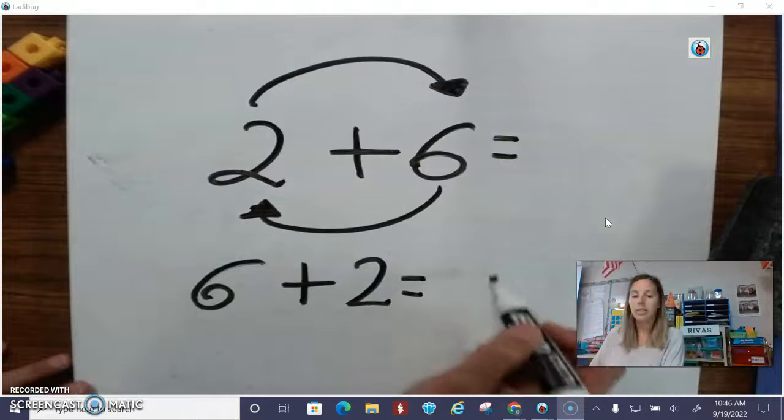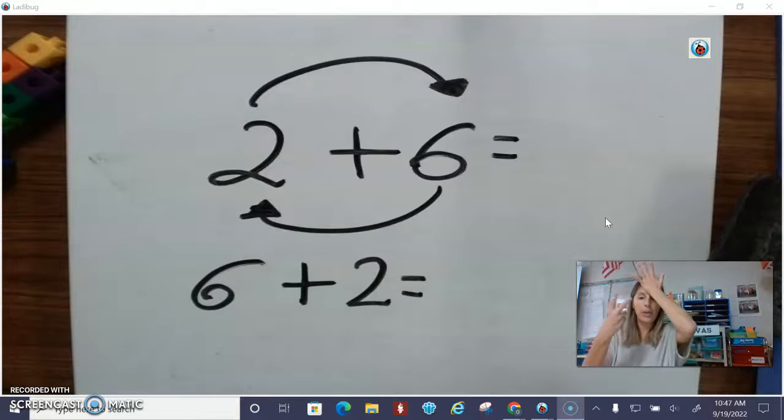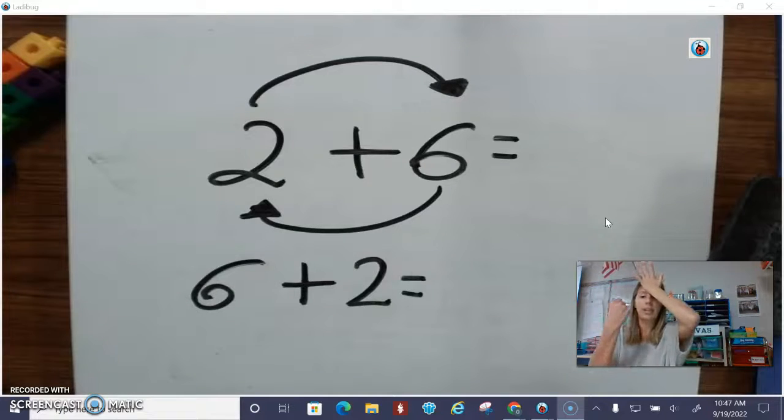So once they understand that concept, they can start to practice how to count on. And counting on, basically what it is, you put the bigger number in your head, and then you count on the smallest number. So you put 6 in your head, and then 7, 8. You go 6, 7, 8.